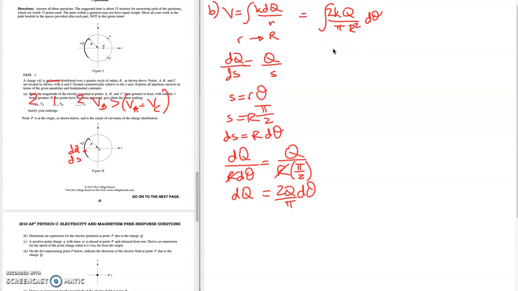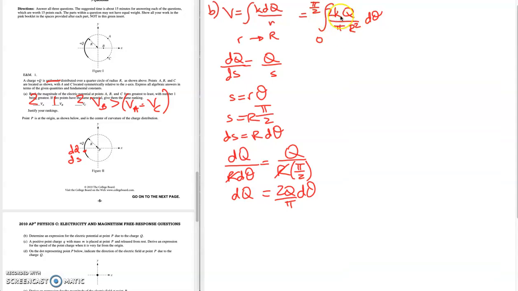And what we need to also keep in mind is we're integrating over where the charge is, and the charge starts here and goes to there, so that's a quarter circle, so we're going to go from 0 to pi over 2. And I'm not worrying about any sort of directions because voltage is directionless.